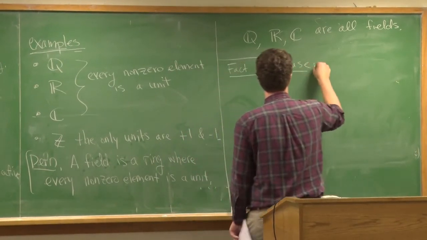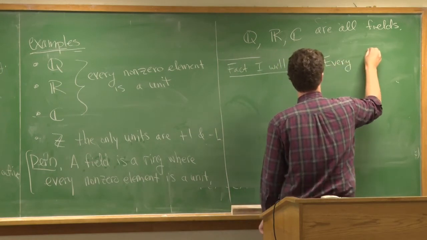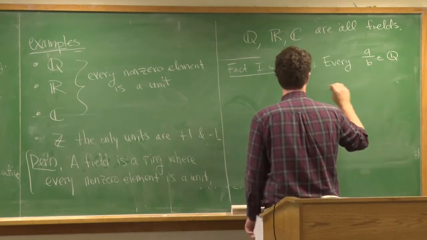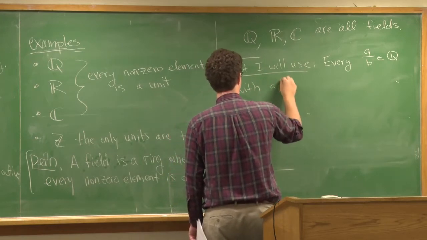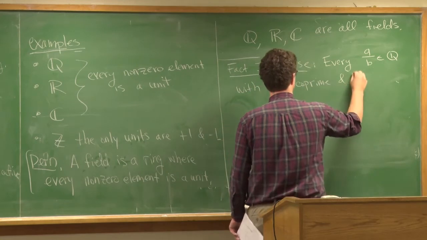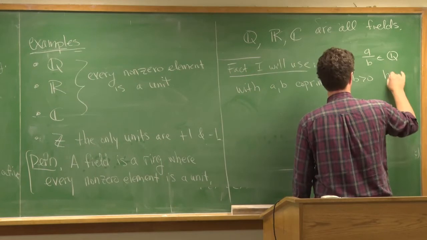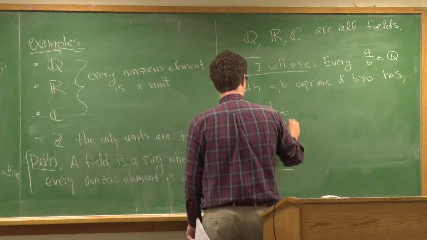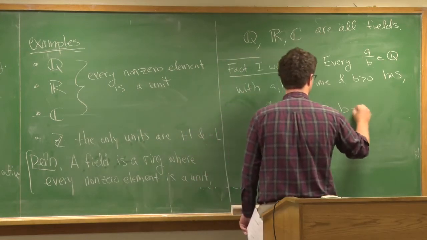Every a over b in Q, with a and b coprime and b greater than 0, has the following property: a over b is an integer if and only if b is equal to 1.